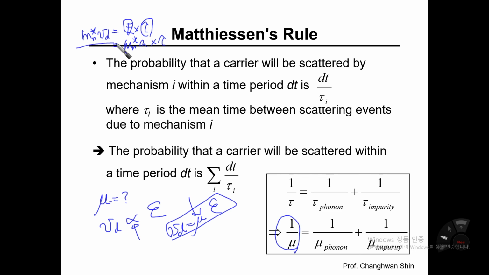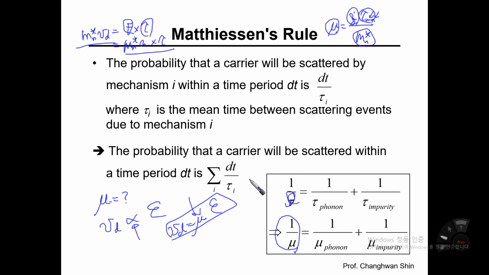From this derivation, we end up with mobility defined as small q, the unit charge, times the scattering time between two scattering events, divided by the effective mass. So mu, and here is this tau, and q is the unit charge, and mn asterisk indicates the effective mass.